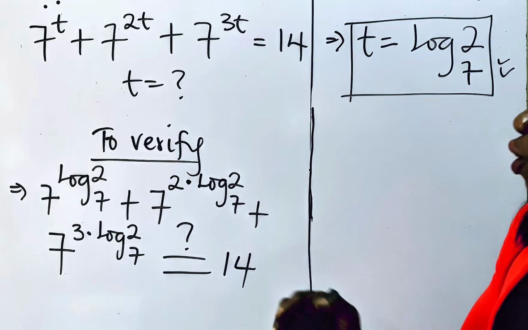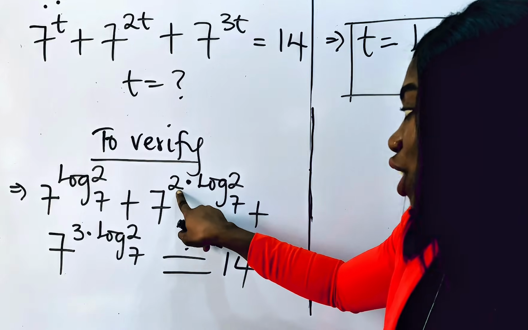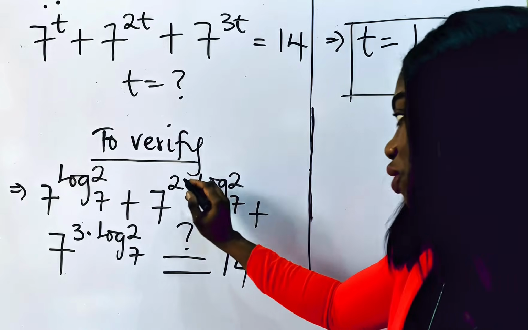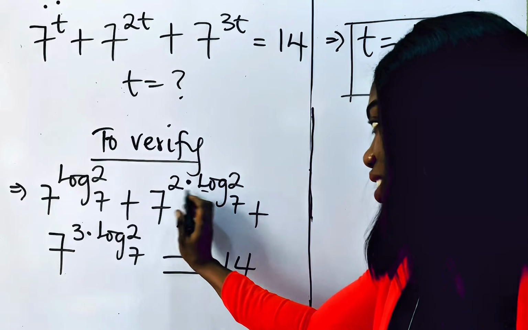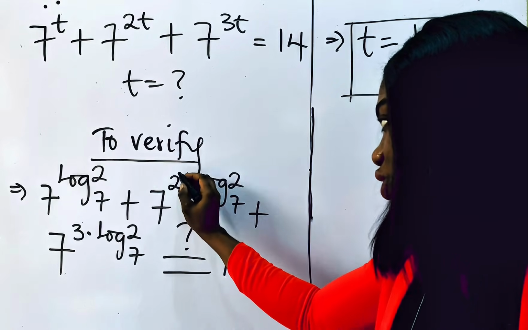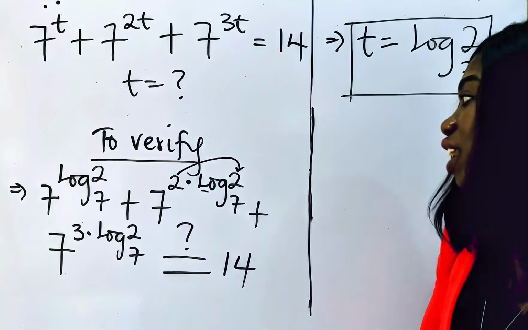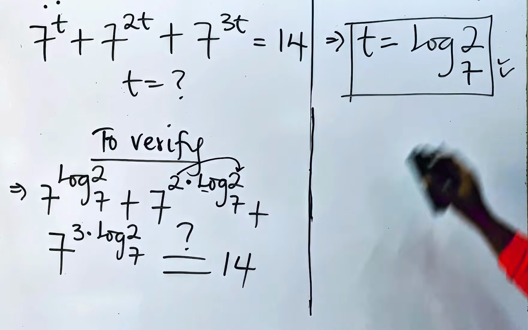Just quickly remember that this coefficient of this log is the power of the log. Remember that when you multiply this, this is multiplying, so it becomes the coefficient. So we're going to return it to become the power of the log. So let's do that together.